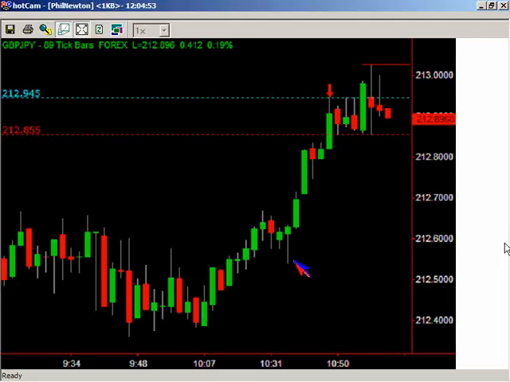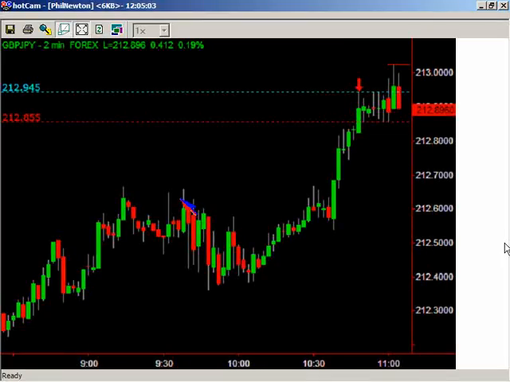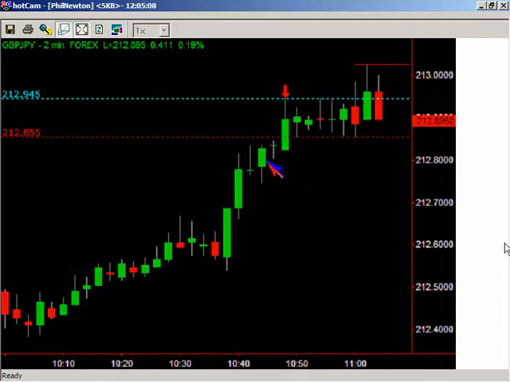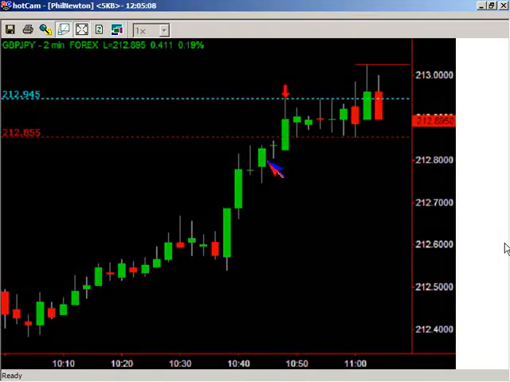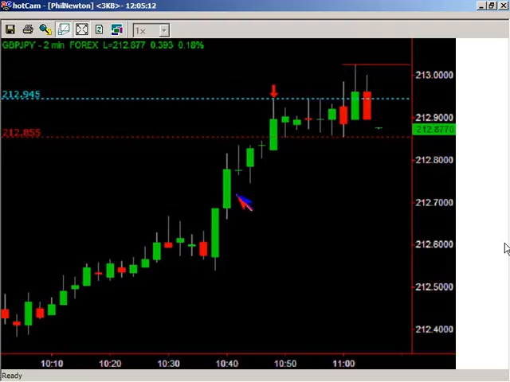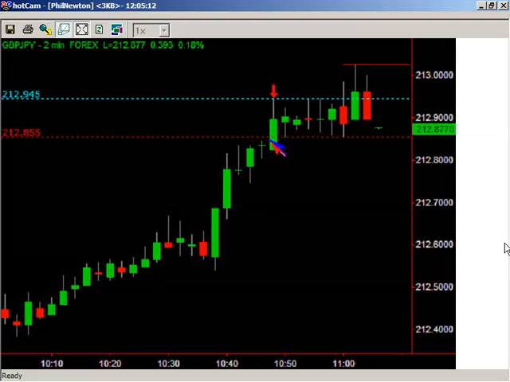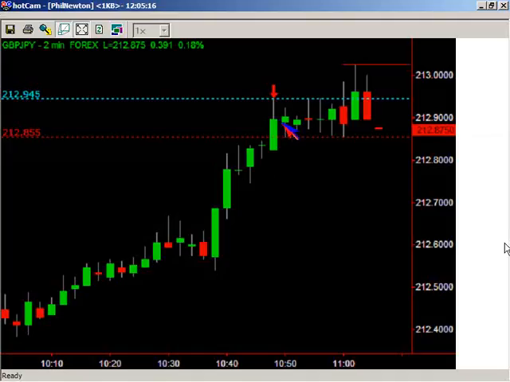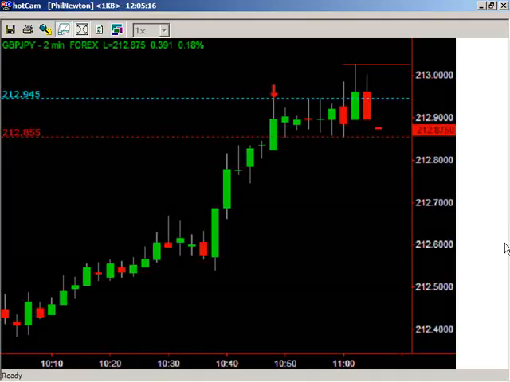Let's take a look at the 2 minute chart. I think most people will have a 2 minute chart available to them, so we can see the same setup. If you don't have a tick chart, it's just my personal preference to use the 89 tick chart. So the first bar not to make a new bar high after the breakout move is still in the same location. So if you don't have a tick chart, don't worry about it.